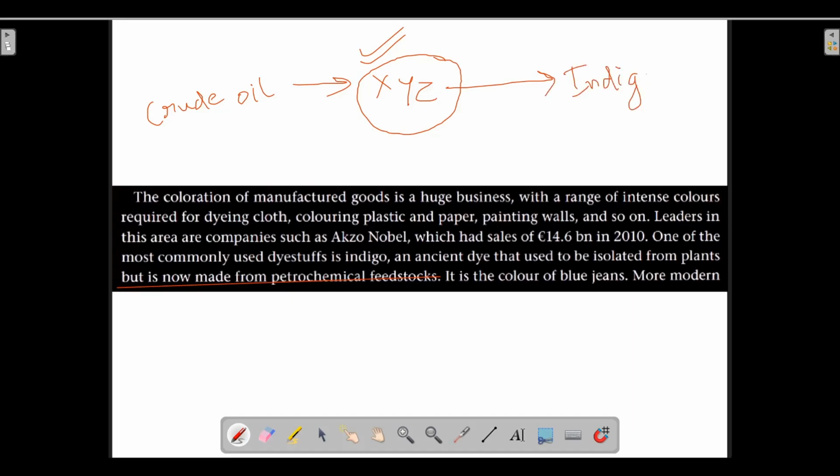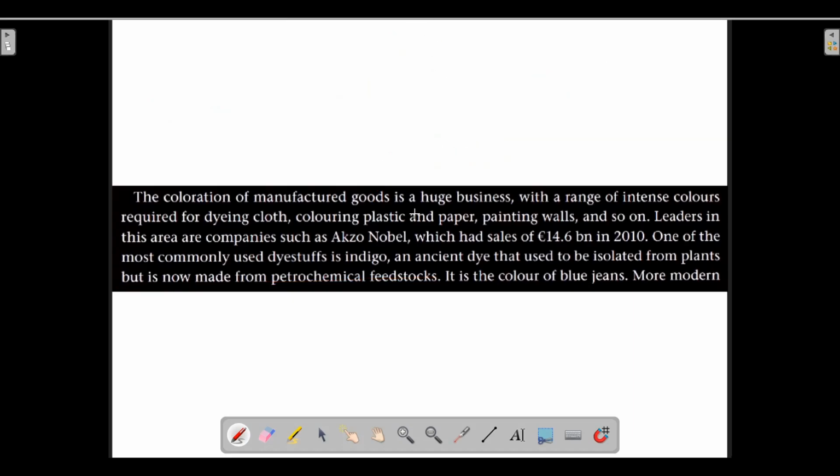So this particular XYZ material is called a petrochemical feedstock. Remember this.